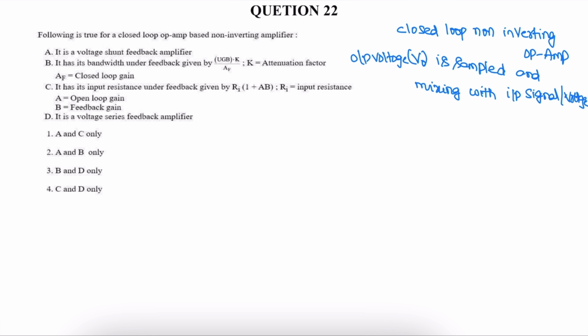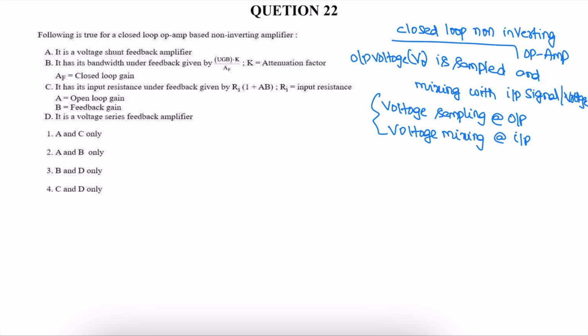So voltage sampling at output and voltage mixing at input. In this closed loop non-inverting amplifier, voltage sampling at output, voltage mixing at the input.